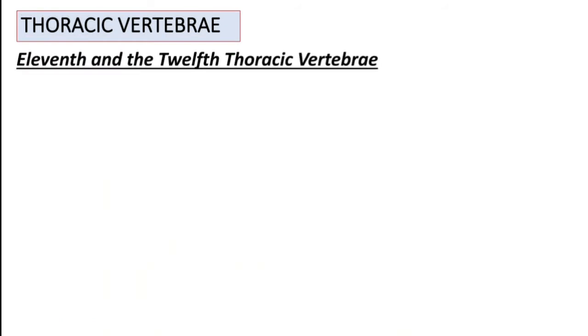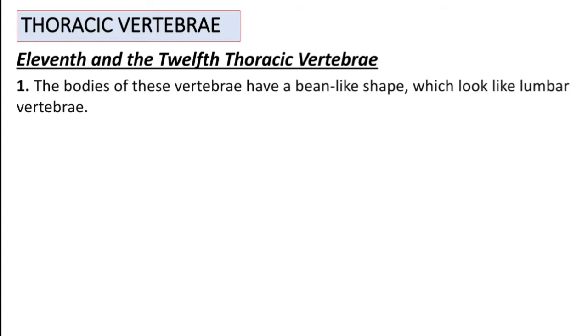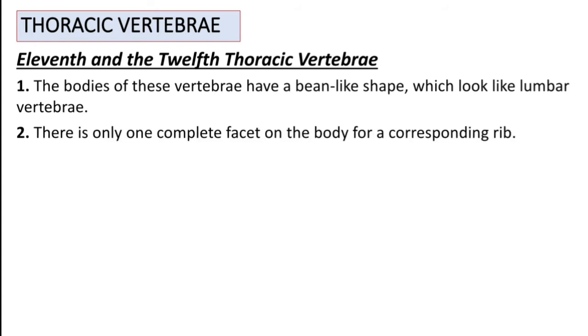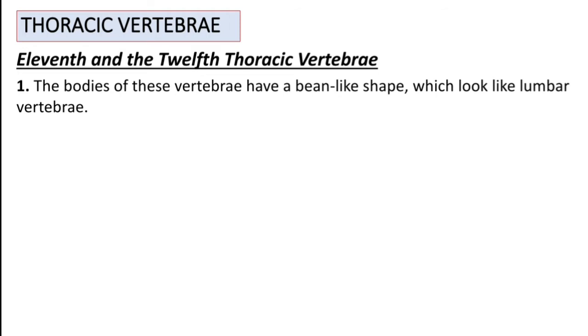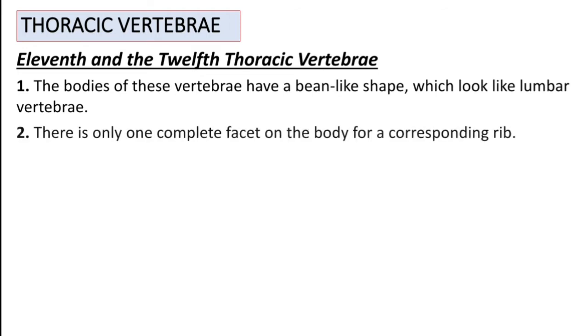Okay, now let's talk about the 11th and the 12th thoracic vertebrae. The bodies of these vertebrae have a bean-like shape, which looks like the lumbar vertebrae, right? So you should know that lumbar vertebrae are described as bean-shaped.